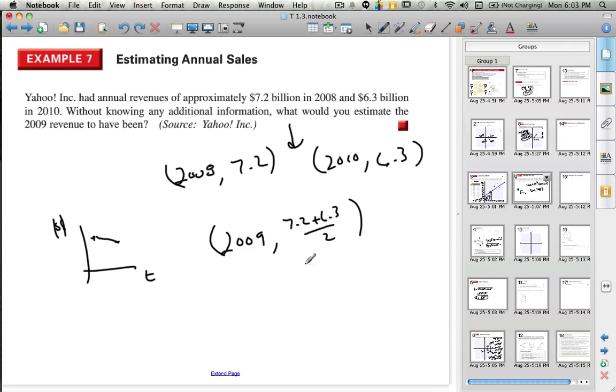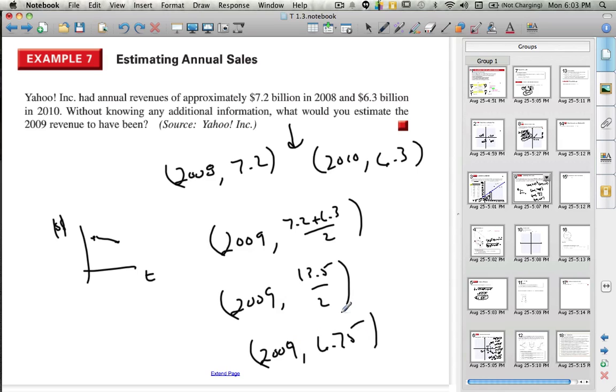So this is 13.5 divided by 2, which is 6.75, right? 6.75, about. That would be a reasonable estimate for what the sales were. Just double checking, it's more than what we had here and less than what we had here, that's logical. So here's how to use the midpoint to get an estimate of sales.